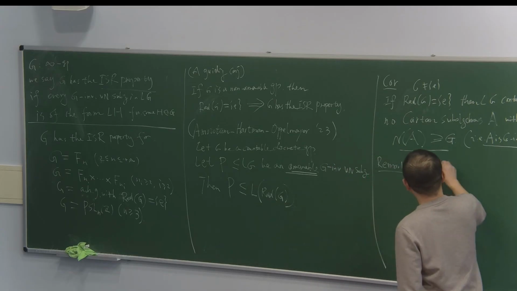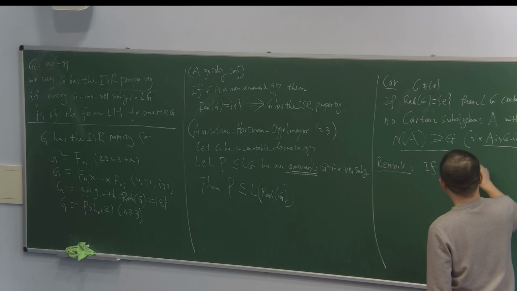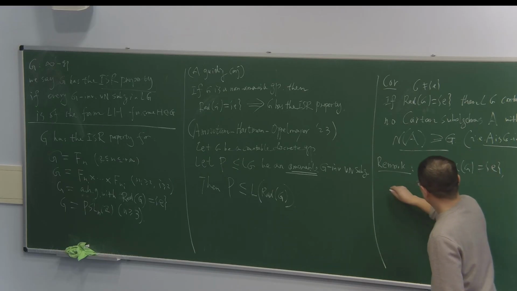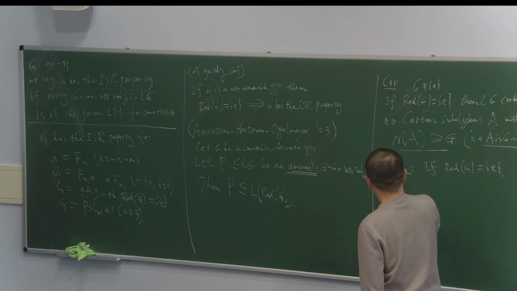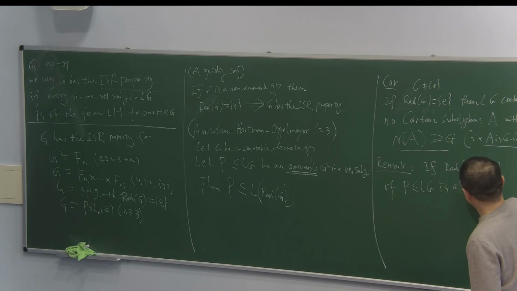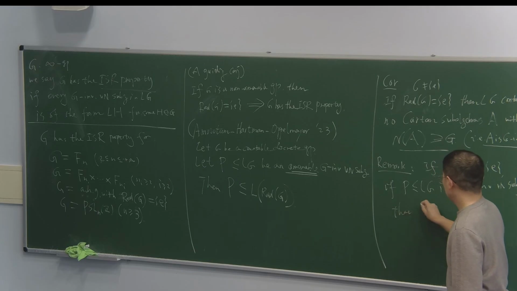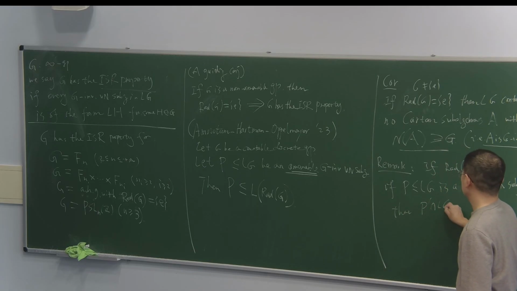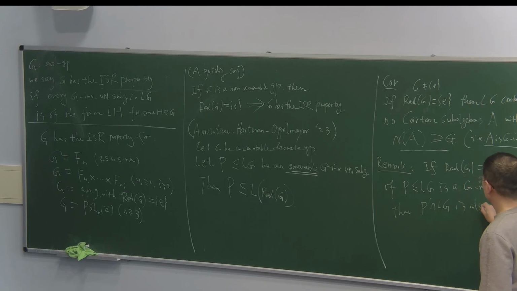If G has trivial amenable radical and P is a G-invariant von Neumann subalgebra, then the relative commutant is also G-invariant, which is clear from the definition of invariance.